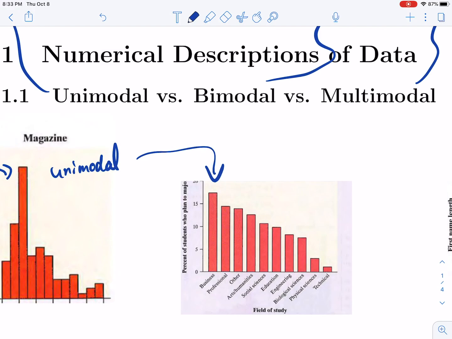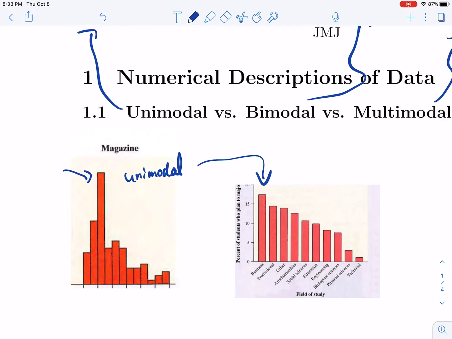Similarly here, there's also one peak. It's unimodal, though it looks a little strange. That guy on the right would be unimodal. We normally think of our peaks being somewhere in the middle, but it doesn't have to be the case, especially for bar graphs, because we can rearrange the bars wherever we want. So this would be both examples of something unimodal.